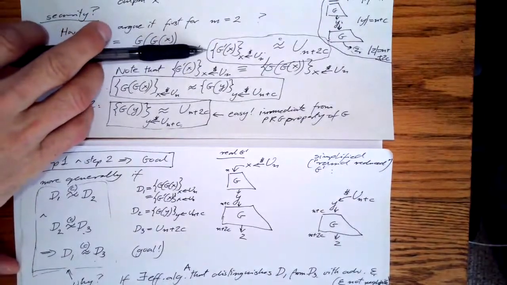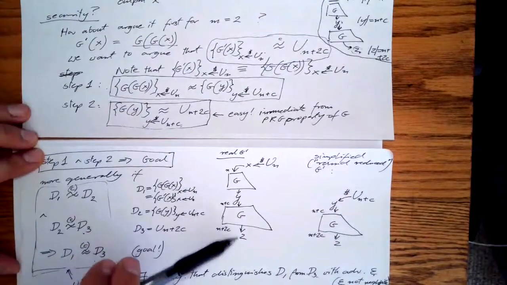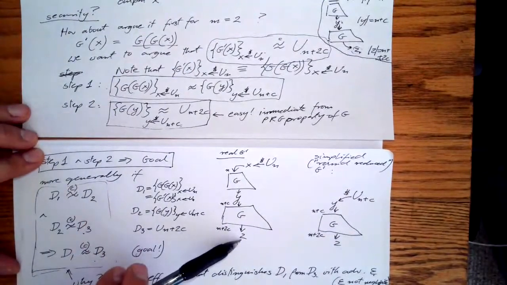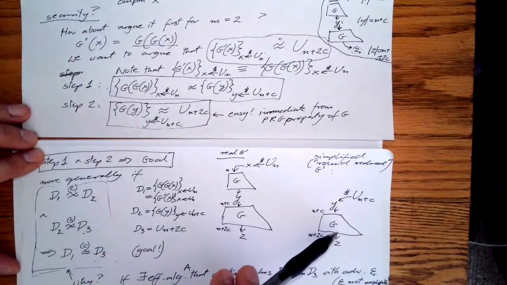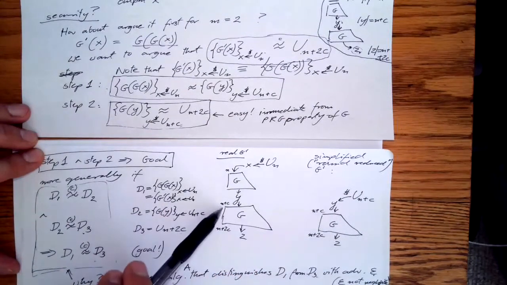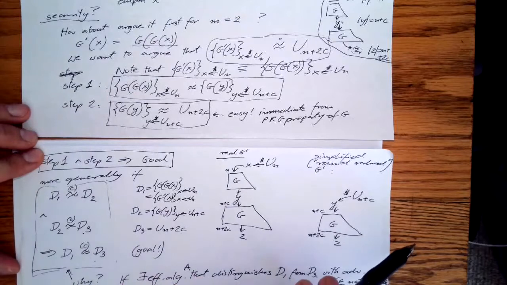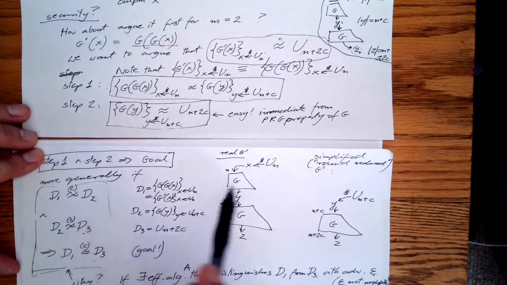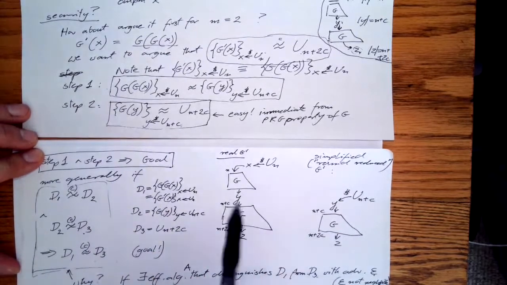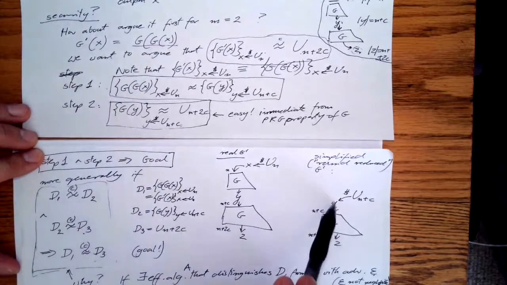here we are trying to argue that running G twice outputs a string that is indistinguishable from truly random. Well, let's consider an intermediary distribution. It's not the full construction, but it's not a fully random string either. It's in between. It's this one with first round cutoff and just pretending that these intermediary values were truly random.